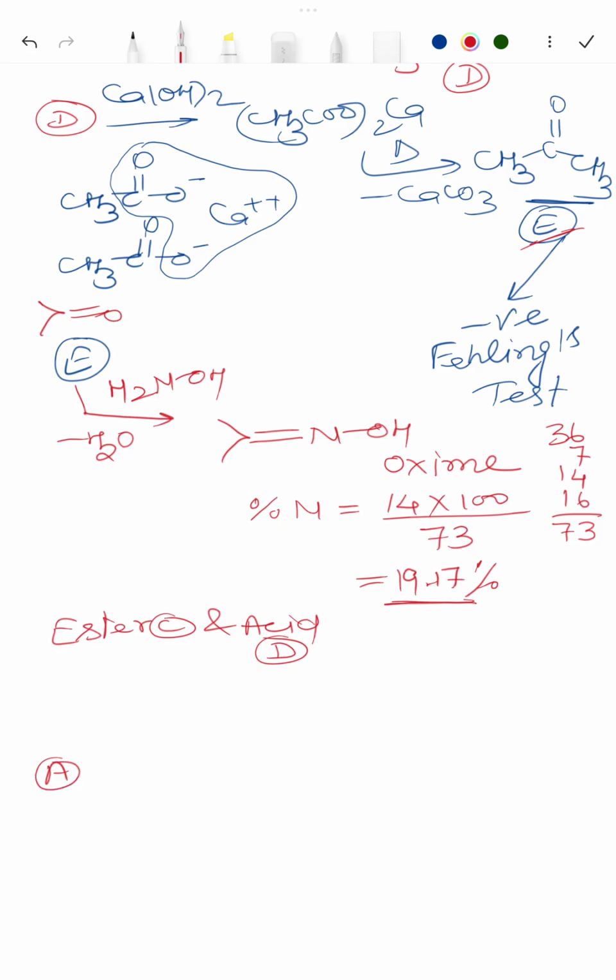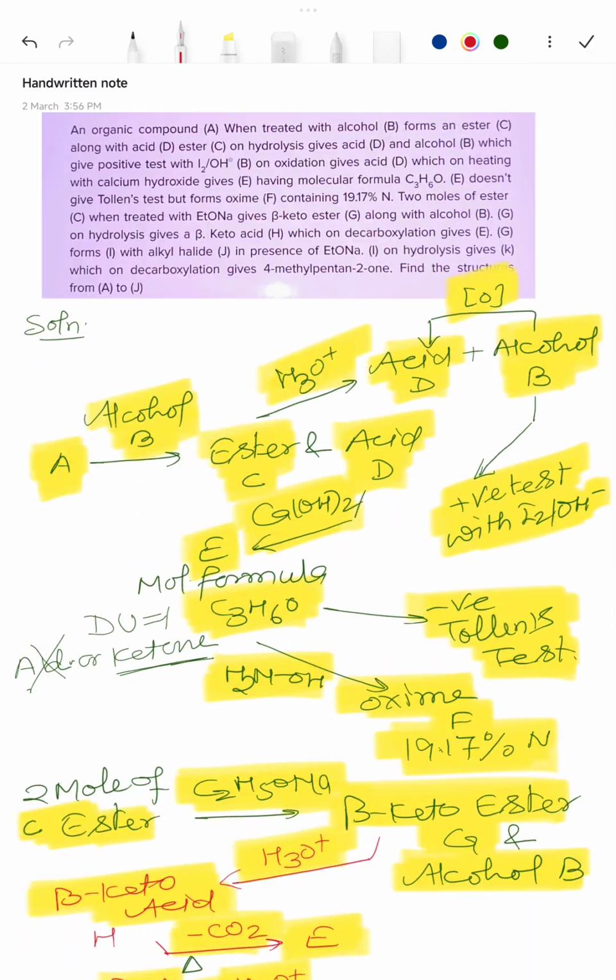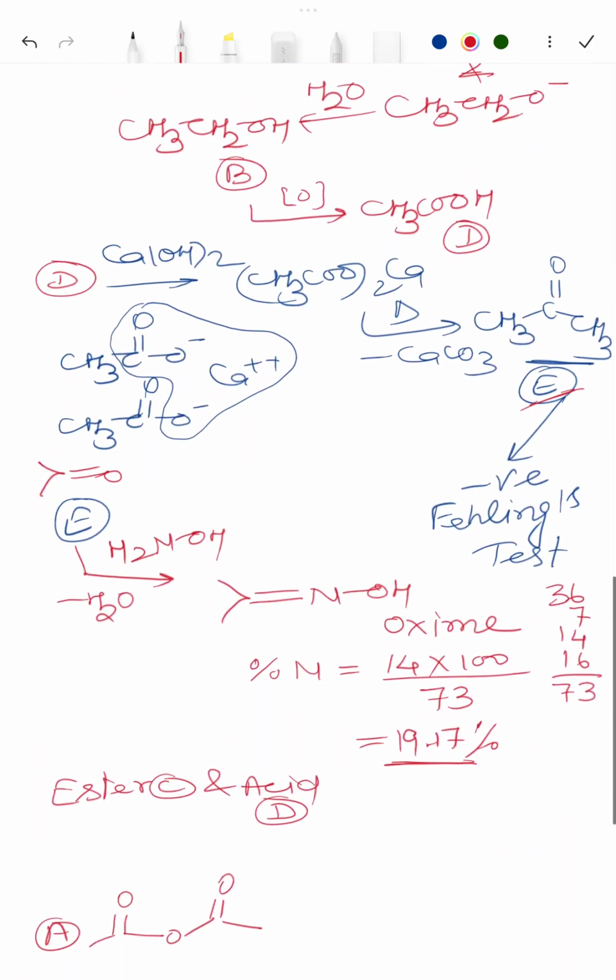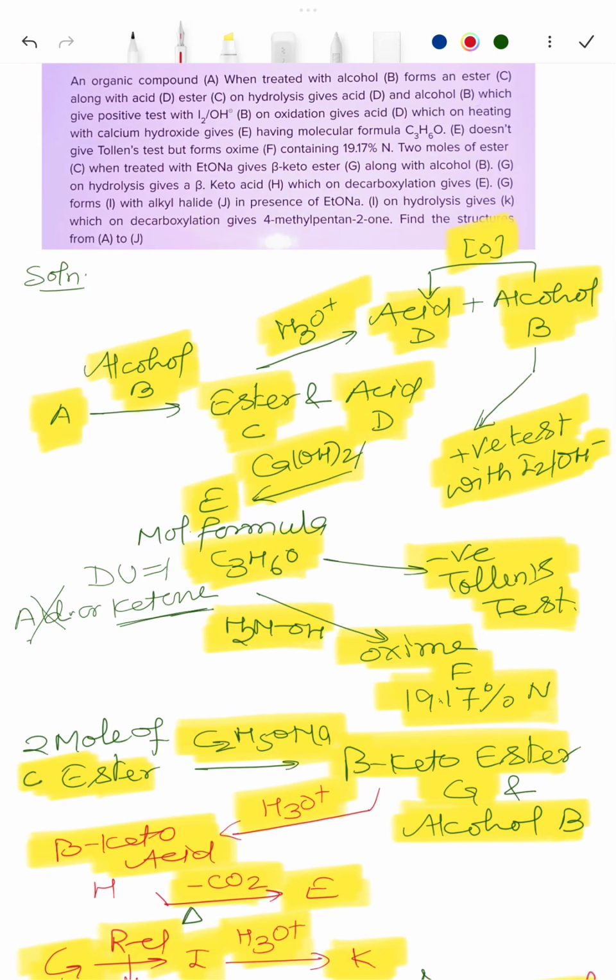So A is here CH3CO, C double bond O, and this is A. And when it reacts with the alcohol B, what is alcohol B?